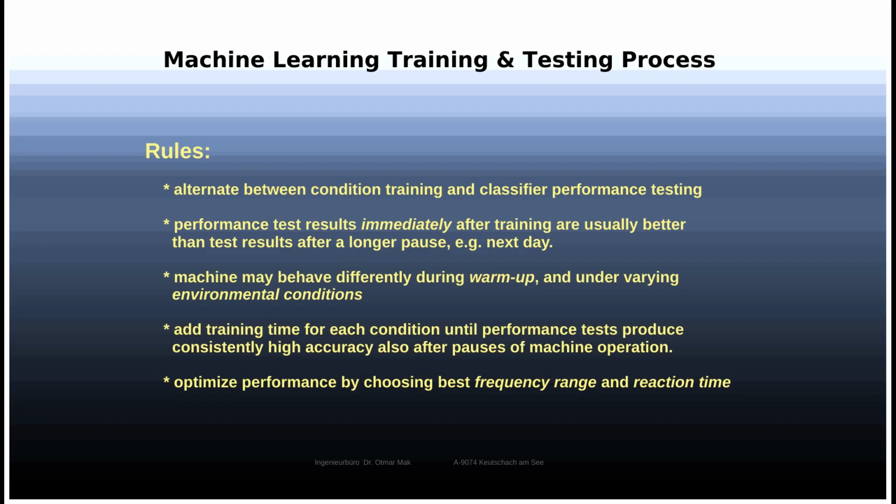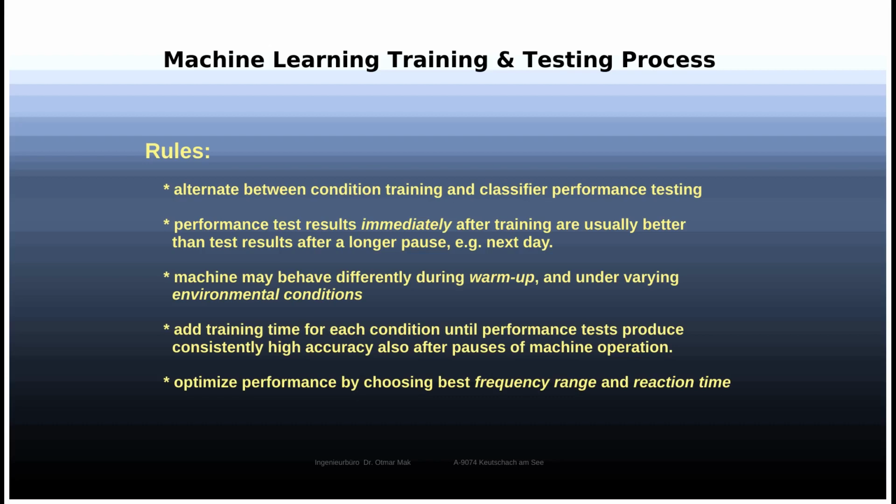Since our goal has been to achieve near 100% condition monitor accuracy nevertheless, it was necessary to repeat cycles of condition training and performance testing a number of times. And this is shown in the following sequence of video clips.